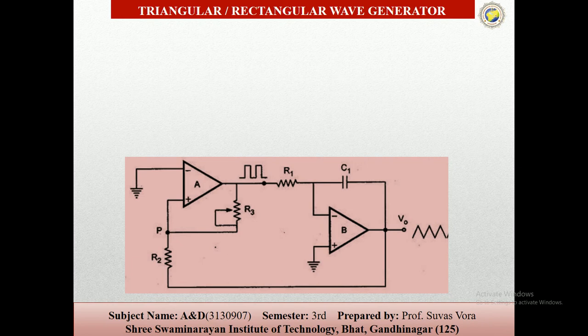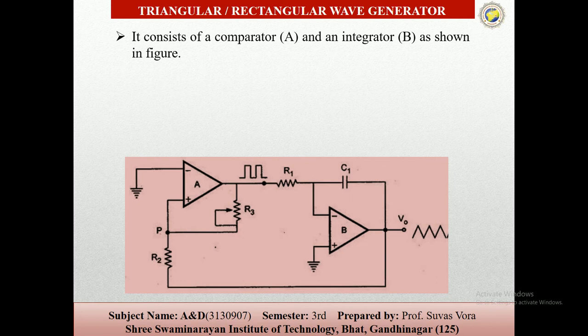So the output of the Schmitt trigger is a rectangular waveform whose amplitude is positive V sat. It consists of two parts: the first is the comparator and the second is the integrator.